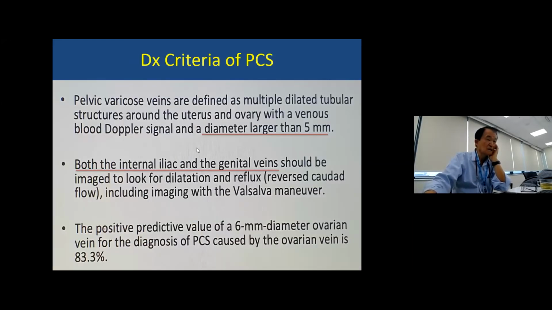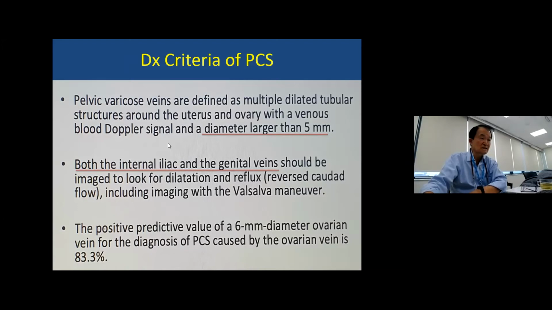So before we have the break, I want to finish up certain other common clinical problems. This is pelvic congestion syndrome.